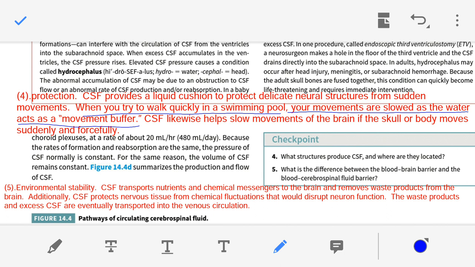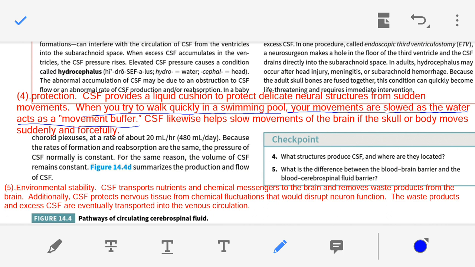Similarly, as we are walking or running, what happens? As I told you earlier, if CSF is not there, it is possible that the brain or the spinal cord get injured by striking against the wall of the skull or the vertebral column.